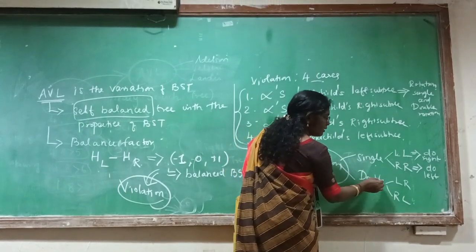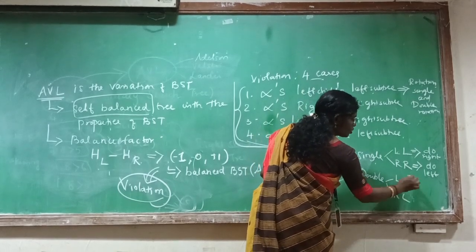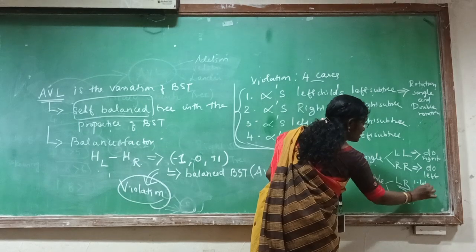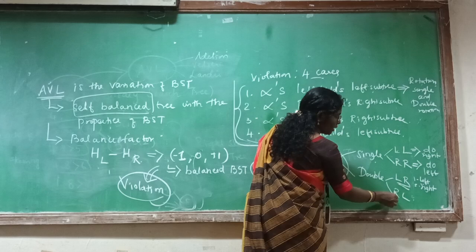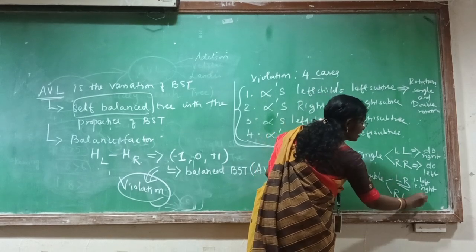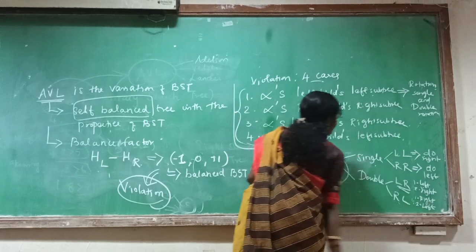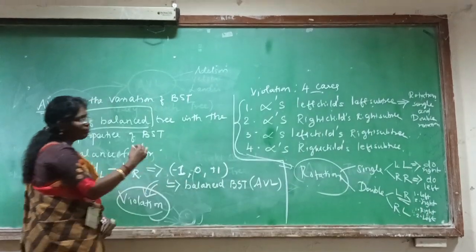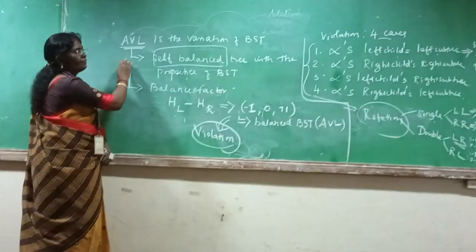And if it is double rotation, we are going to encounter left and right both. So if this is the case, perform left first and perform right next. In the same way, if the rotation is RL, perform right first and then left next. So these are the things to be considered whenever you will be constructing AVL.